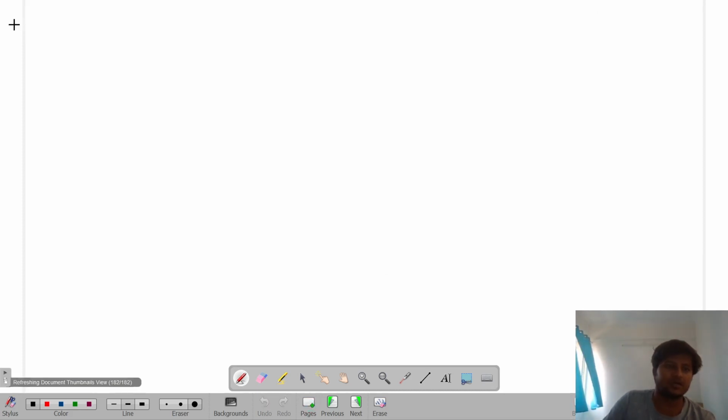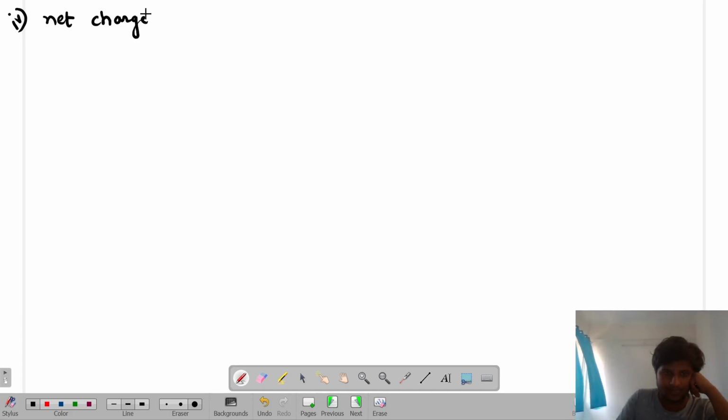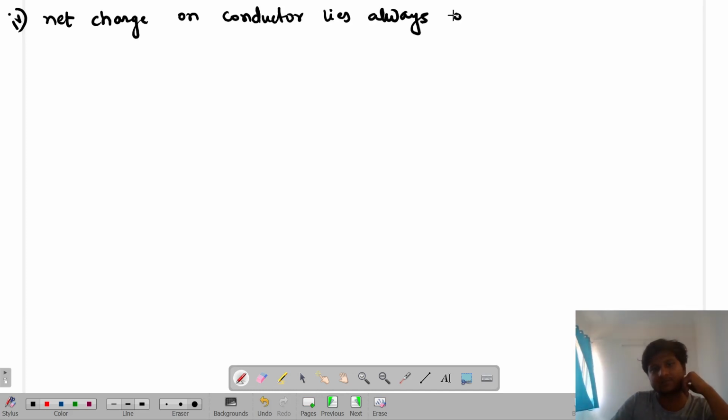Okay. Next point, fourth point, a property of the conductor. Whenever we consider some kind of charge on a system, there is some property that emerges with our conductor. It says that net charge on a conductor always lies on its surface.